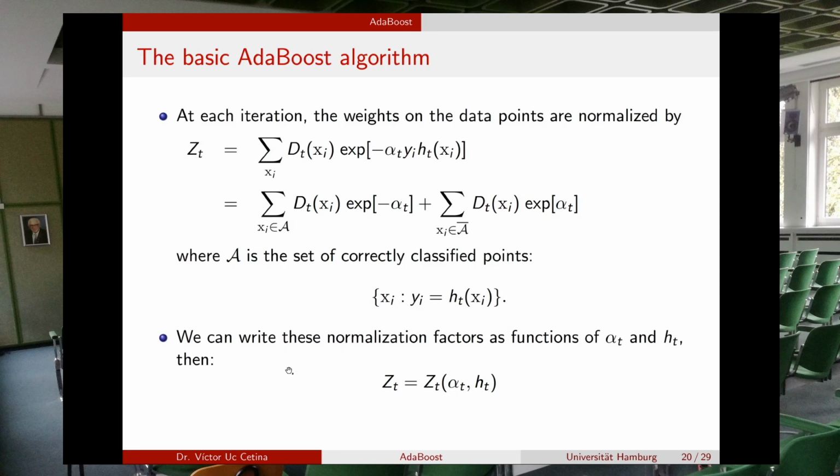And we can think of this normalization factor as a function, and this is what we are writing here. We're saying, okay, let's consider this factor as a function of the current weak classifier t and its corresponding confidence factor, which is the alpha of t.